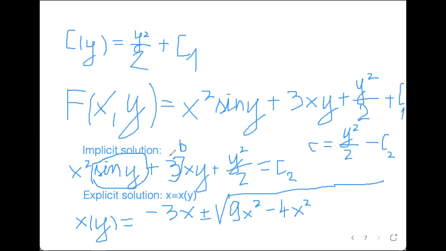So b is 3 times y. So a is sine y. b is 3 times y, and c is y squared over 2 minus c2. So then let's make this also correct.